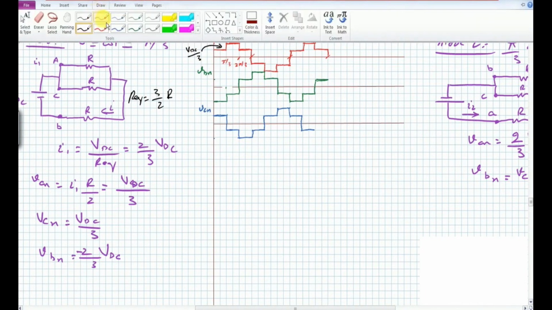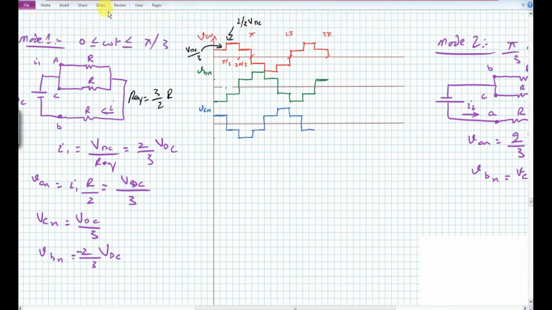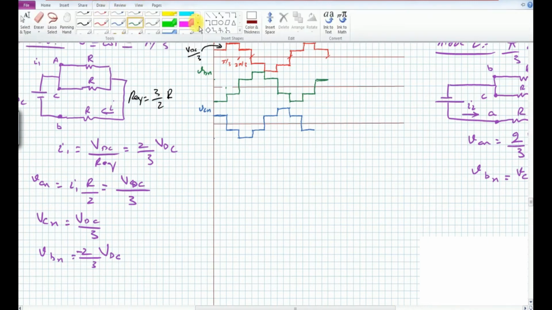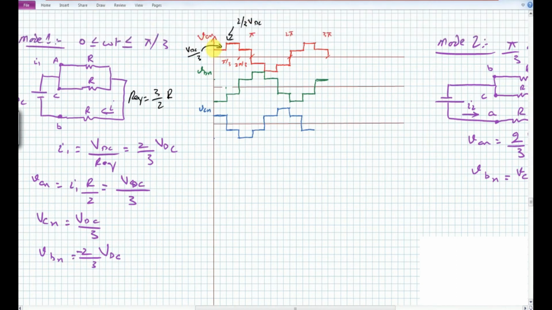If you see here, the first step is this one. Then we have this second step. This is the third step. This is the fourth, this is the fifth, and this is the sixth step. And therefore, it is known as a 6-step inverter with 180-degree conduction.